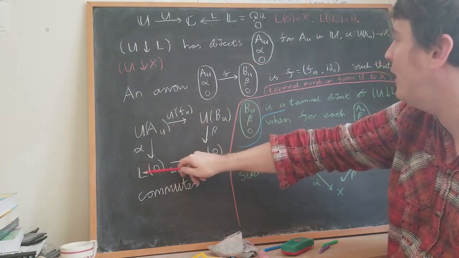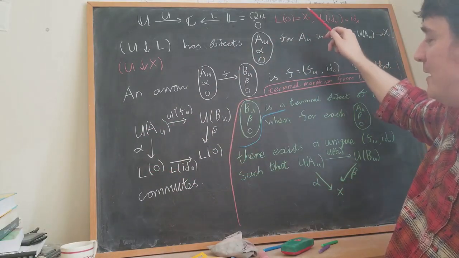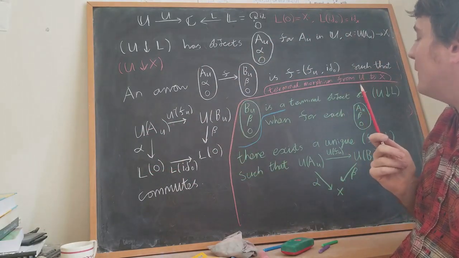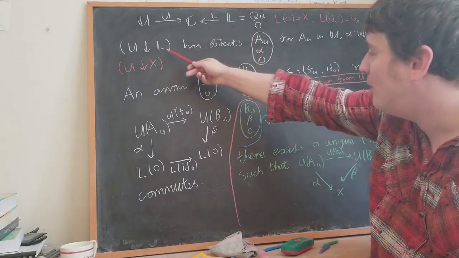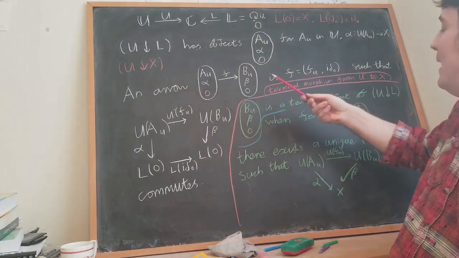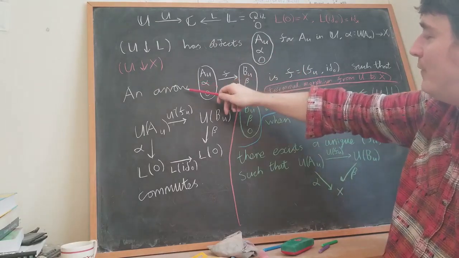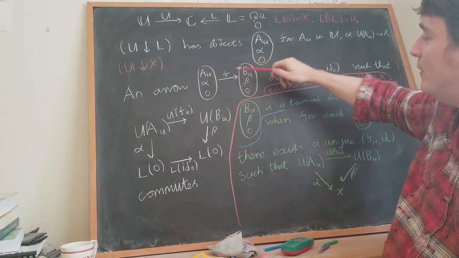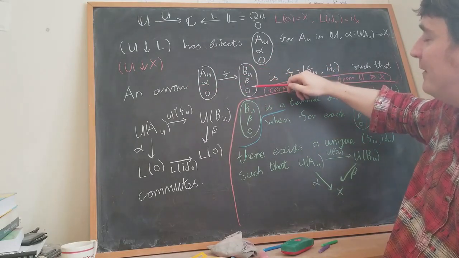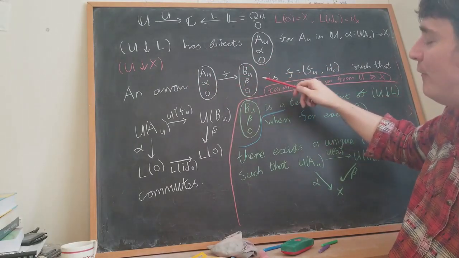We know L of 0 is just X. What about the arrows then? We know what the objects are of this comma category. Well, we'll have an arrow from (A, alpha, 0) to (B, beta, 0). Let's say we have an arrow f.